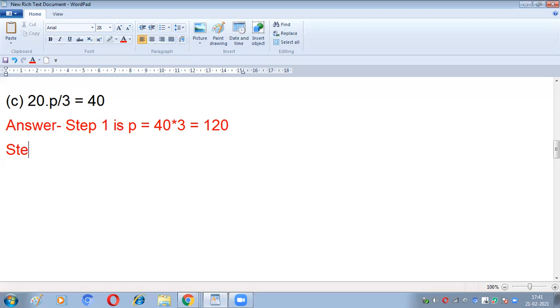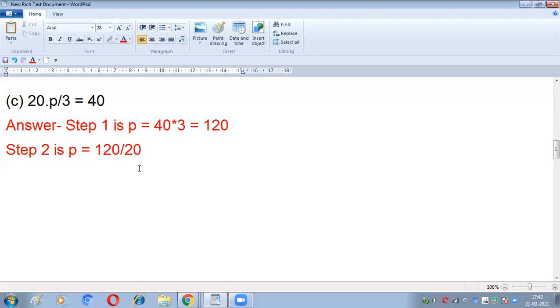Now we are proceeding to step number 2. Step 2 is to shift 20 to the right hand side. Just follow me. P is equal to, our last value was 120, 120 upon 20. Why upon 20? Because here it is in multiplication form, so on the other side it will be in division form.